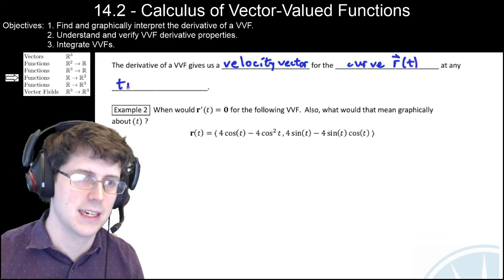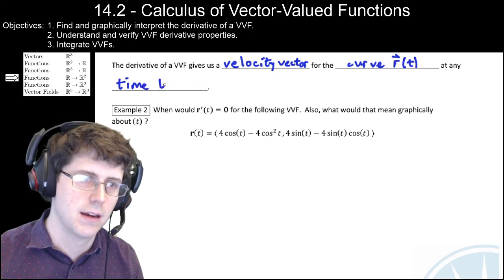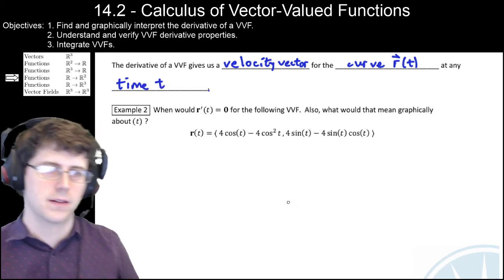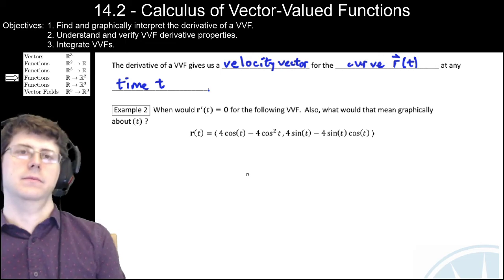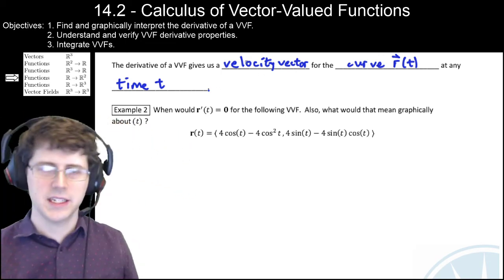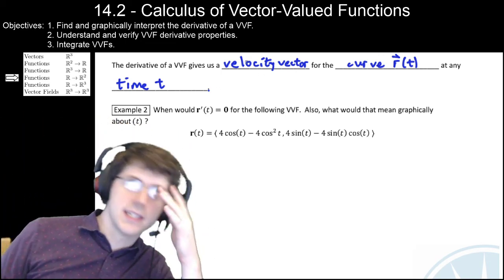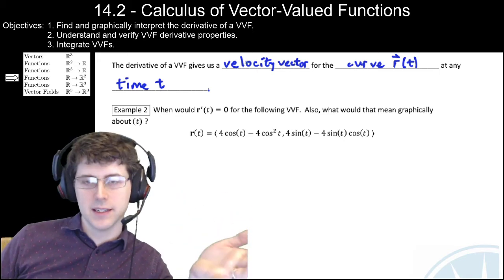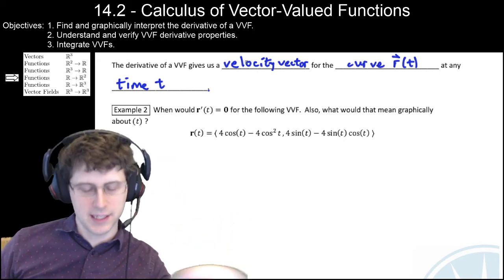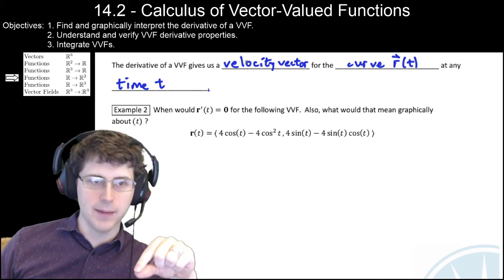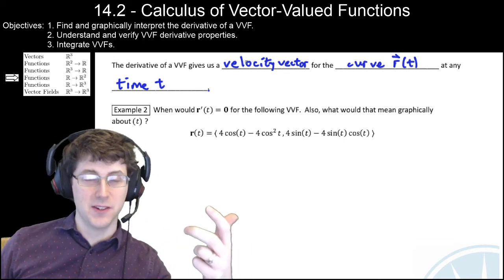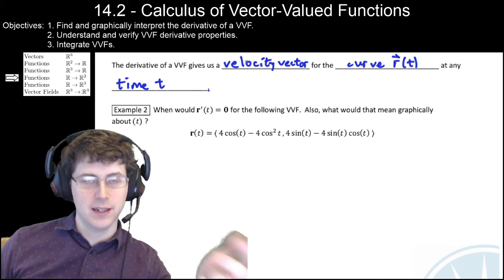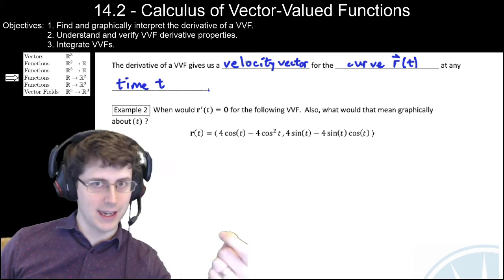So let's say at any time t. So what does this mean? It means you can see by plugging numbers into a vector valued function where you are on the curve at each point in time. By plugging numbers into the derivative of a vector valued function, you can tell which direction the curve is heading.